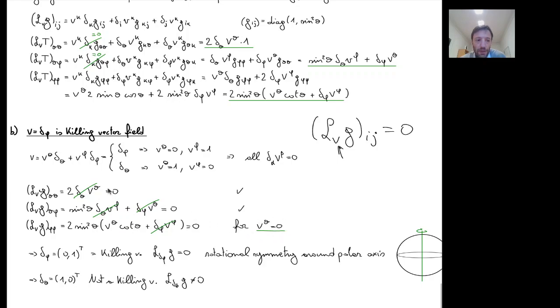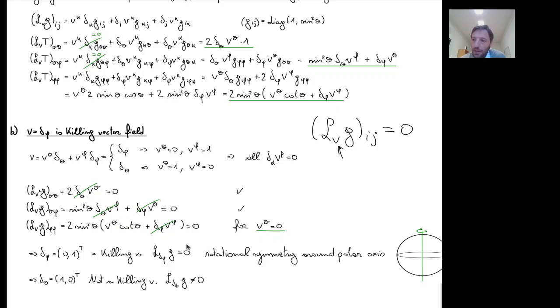That's the condition to have all zeros here. Then what do we realize? Which one of the two has the coefficient v theta equal to 0? Well, it's this one. Therefore, we understand that this one is a Killing vector field.